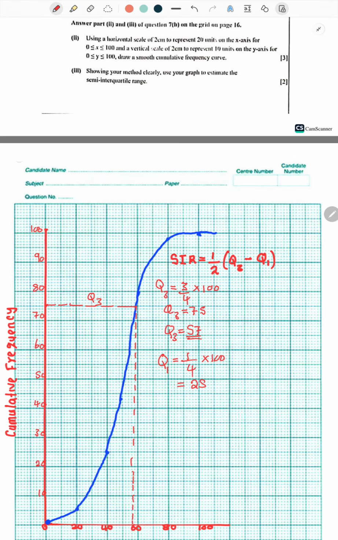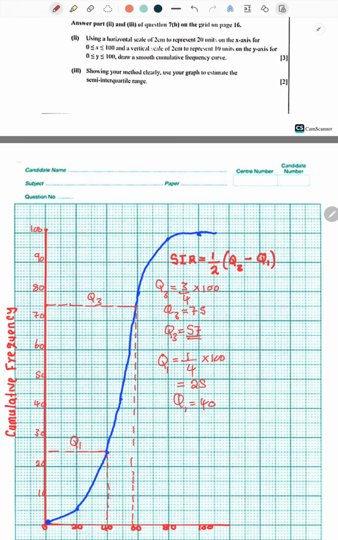Then you go where 25 is, just here. You do the same thing. That is going to be your first quartile. Then you bring it down and you get 40. So your first quartile is equal to 40.